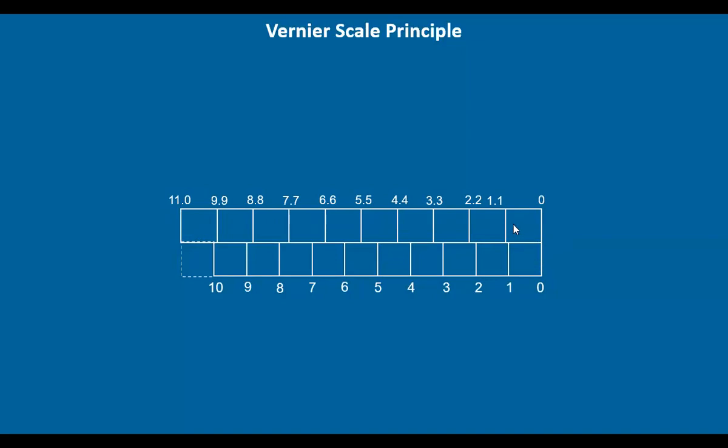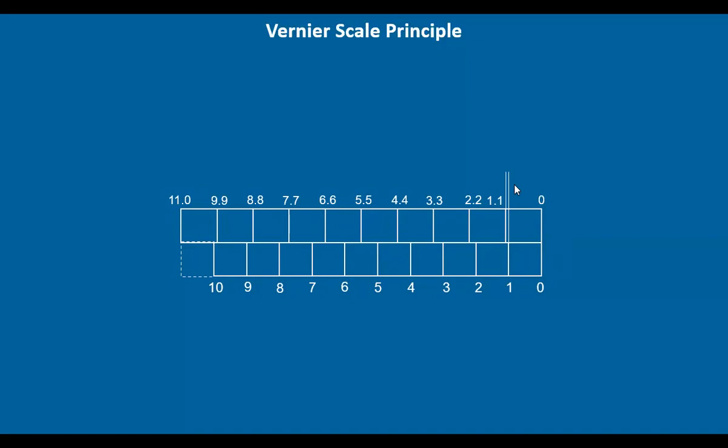Now, if you observe, this 1.1 is here and 1 is here. Okay? If you draw a line at 1.1 and through 1, there's a small gap. This gap is nothing but 1.1 minus 1, right? We are removing this 1 centimeter.